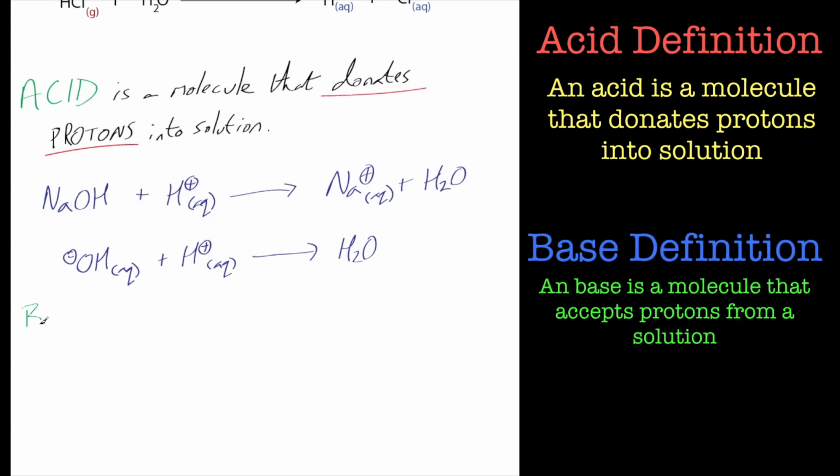So a base, change my colour, is in this case an ionic species, so we'll write it as a molecule for now, but basically it's a species, and I say species because it could already be charged, if you will. And that could be an ion.